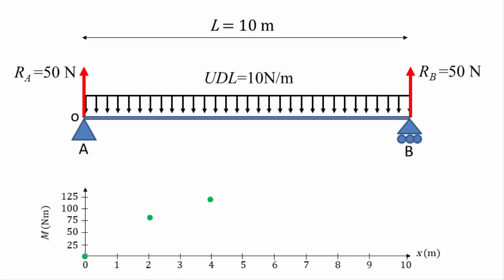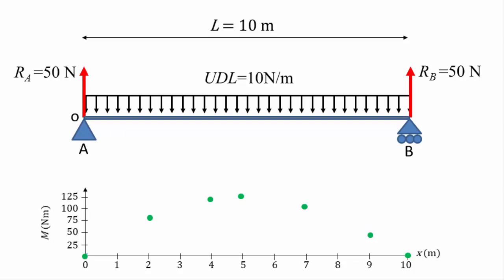At 4 meters, the bending moment is 120 newton meters. At 5 meters, the bending moment is 125 newton meters. At 7 meters, the bending moment is 105 newton meters. At 9 meters, the bending moment is 45 newton meters. And finally, at 10 meters, the bending moment is 0.